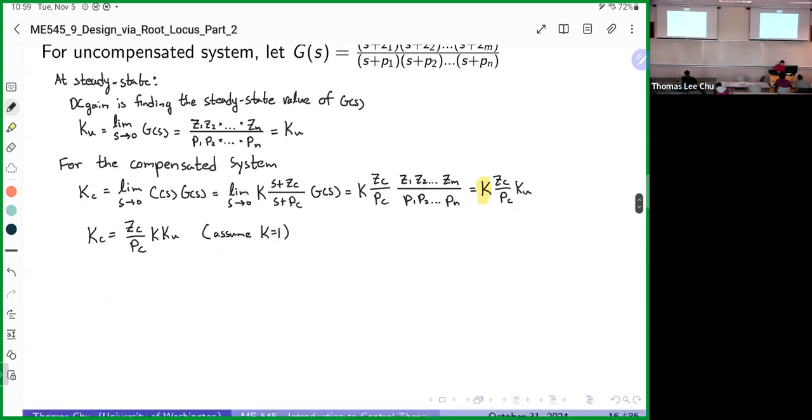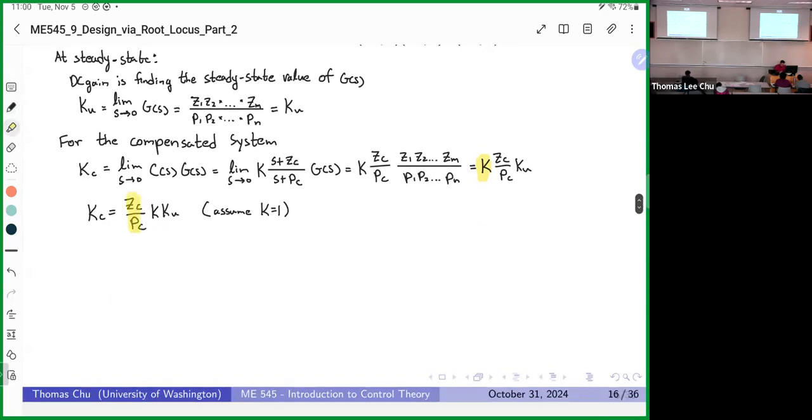What's important is that the ratio of your zero to your pole is what determines the value of your steady state error.